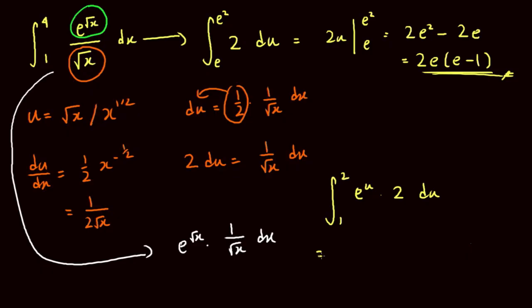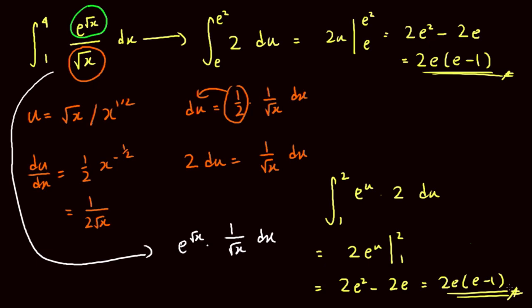The integration of e to the u is very straightforward, so you're left with 2e to the u between 1 and 2, and you have 2e squared minus 2e, which again leads us to 2e times e minus 1.